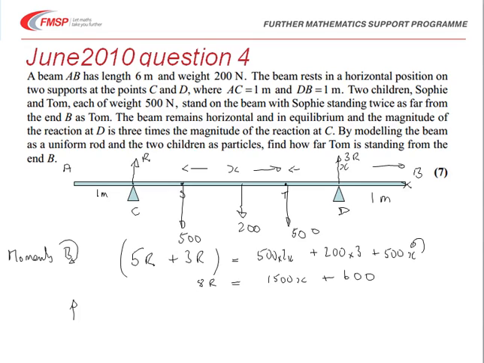So looking at that, upwards we've got 4R, and on the other side of the equation, looking at the forces which are acting downwards, there's a total of 500 and 500 plus 200, so a total of 1200. Well, from this second equation, we can see that multiplying by 2, that gives 8R is equal to 2400.